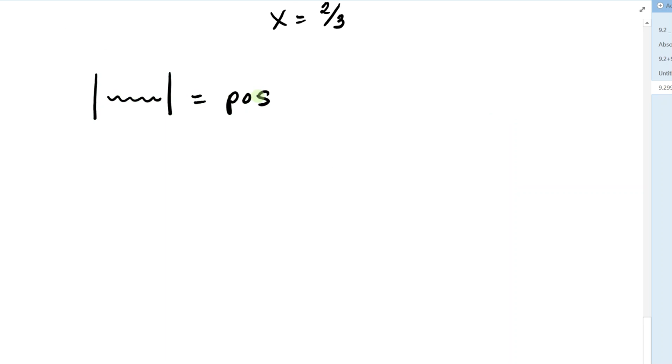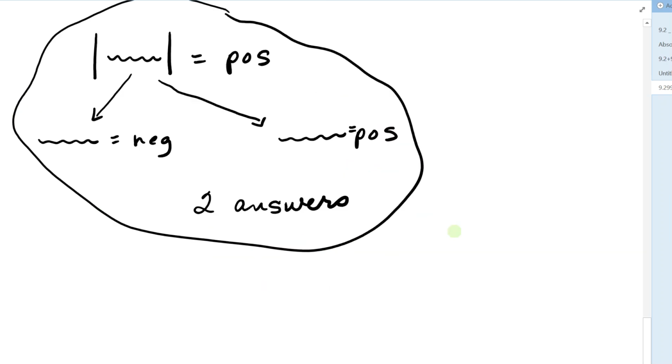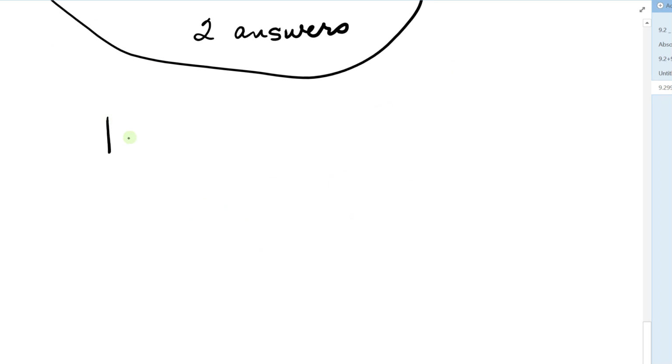As a really quick review, if the absolute value of some expression is equal to a positive, then you set this expression, whatever it is, equal to the negative, and you set this expression equal to the positive, and you get 2 answers. If instead you have an absolute value of an expression equal to 0, then you set this expression equal to 0 and you get 1 answer.